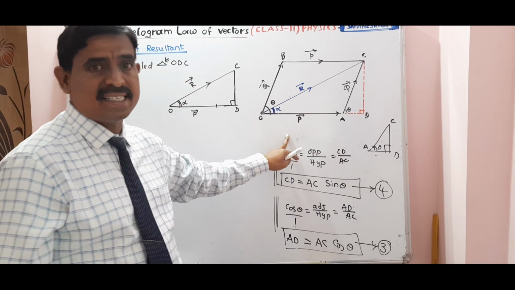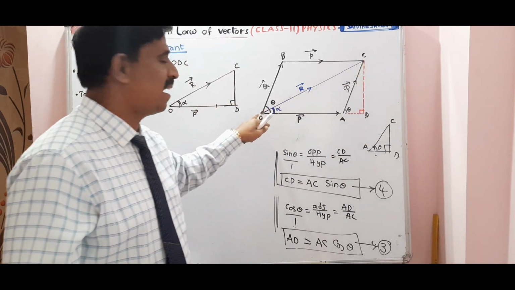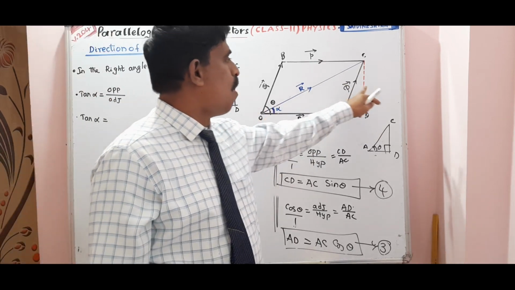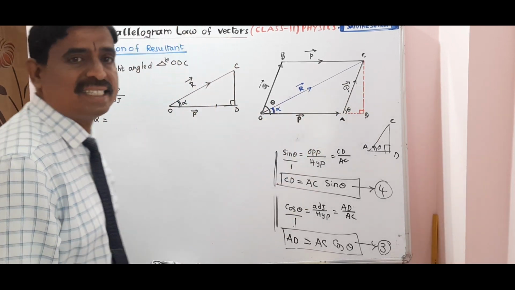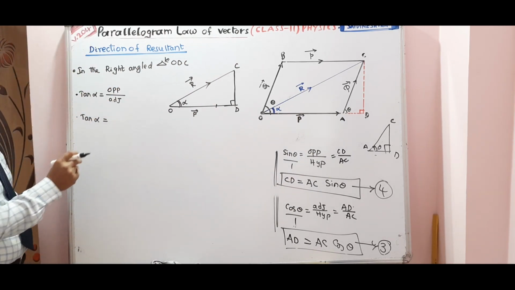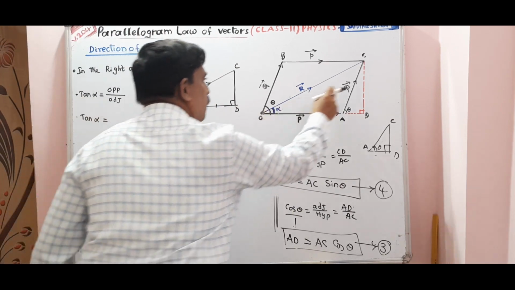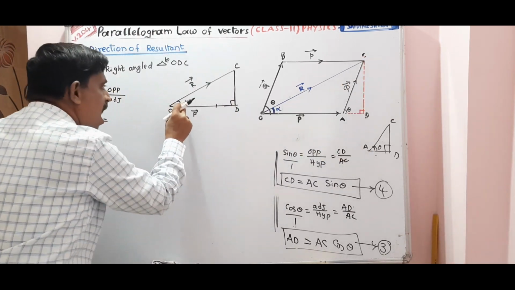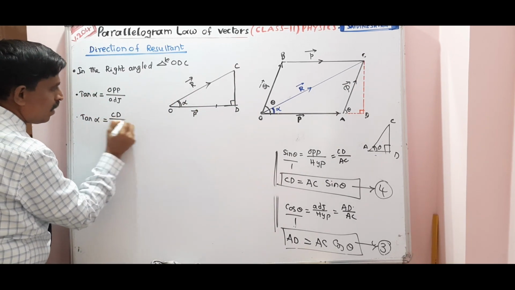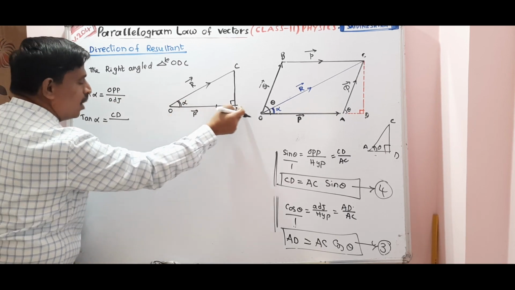We know the adjacent side in the triangle ODC. It is a right angle triangle. For this alpha you know the opposite side and the adjacent side. For that reason I am taking tan alpha, opposite by adjacent side. Alpha's opposite side is CD. Alpha's adjacent side is OD.